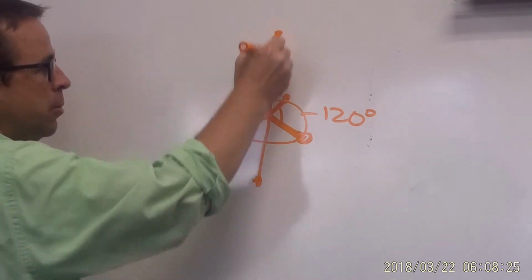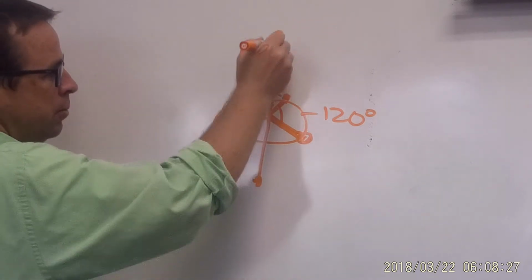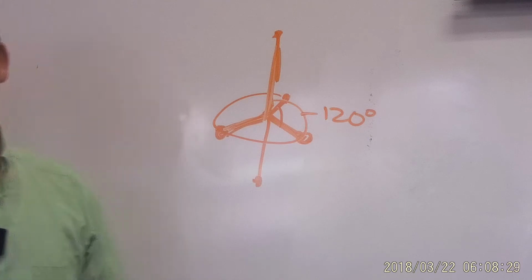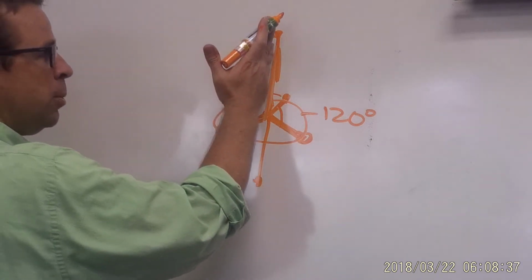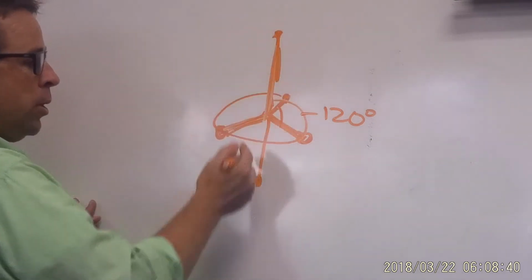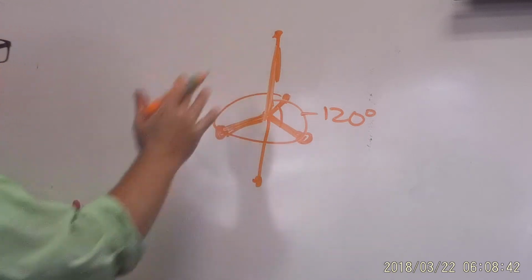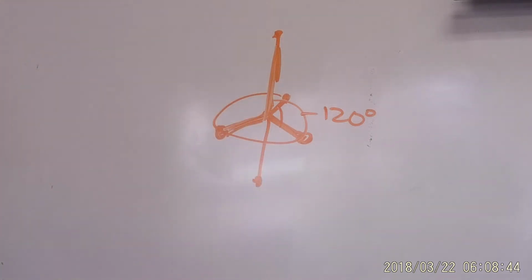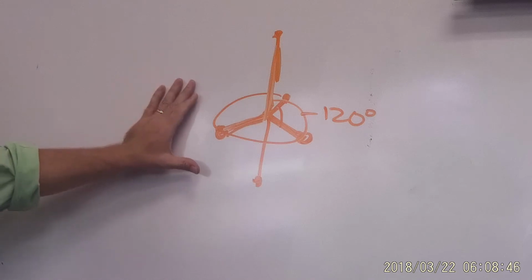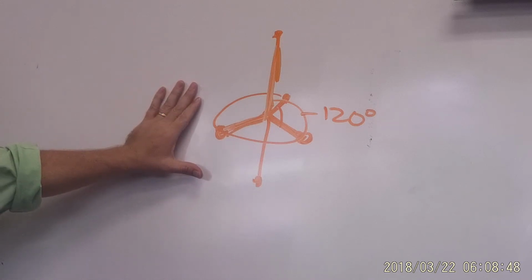How about this angle from here down to that one there? 90 degrees, that's right. So the angle between an axial and an equatorial, either the bottom one or the top one, will always be 90 degrees for, again, this 5 regions of electron density.